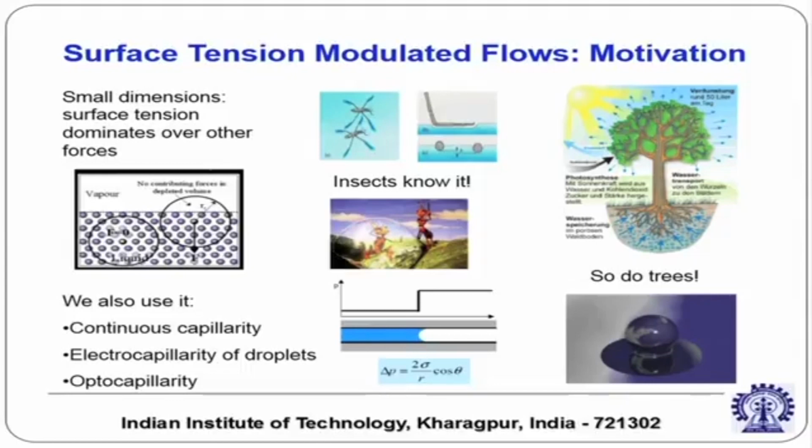Like if you think of the transmission of water from the lower level to the topmost level of a tall tree, how is that possible? There is no pump made by engineers by which water is pumped from the root to the topmost level of the tree. It is possible by surface tension, by capillary action.